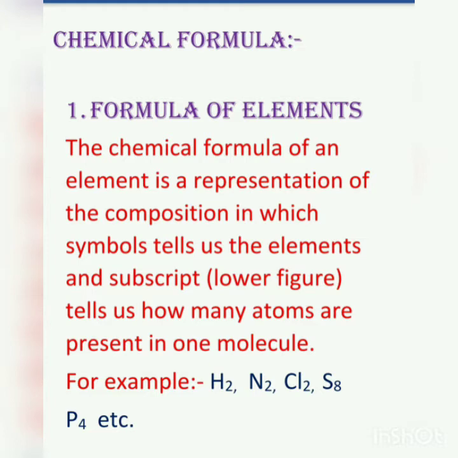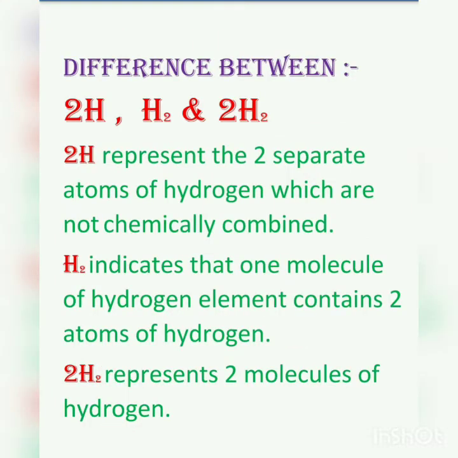Now, here I have written 3 formulas of hydrogen: 2H, H2 and 2H2. Let's understand the difference between the 3. In case 1, 2H represents 2 separate atoms of hydrogen which are not chemically combined. Now, we know that one molecule of the hydrogen element always contains 2 atoms of hydrogen which are chemically combined. So, the second case, that is H2.